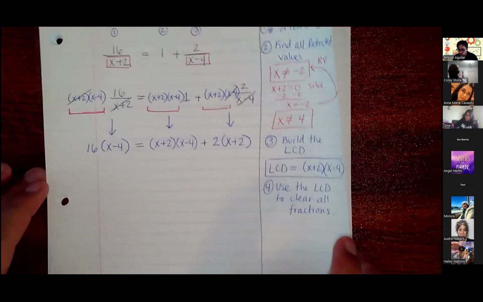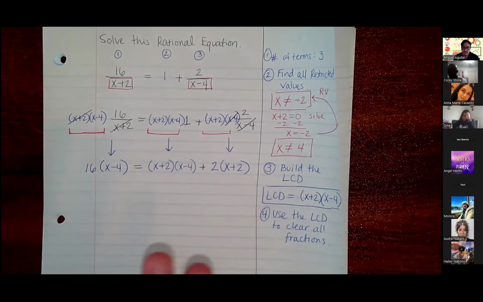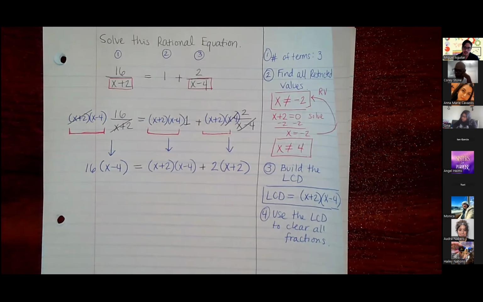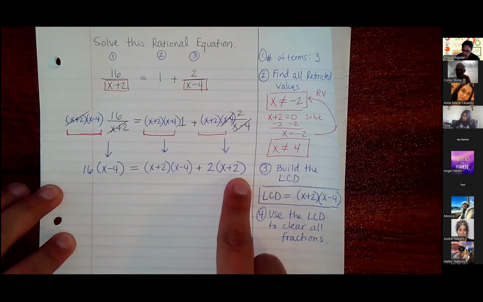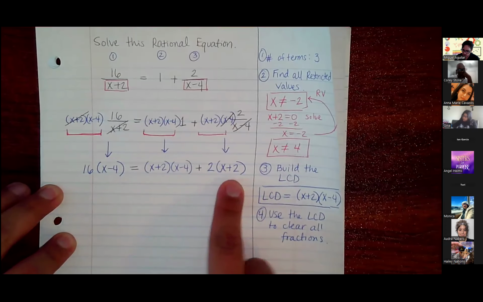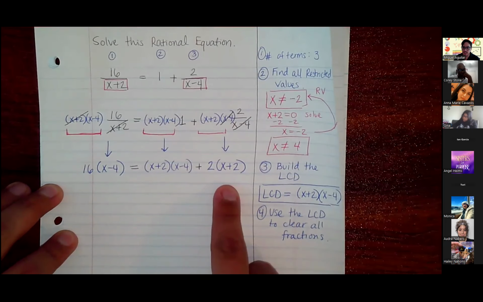Okay, so in reality, if we take a step back, we take a breather right now, notice that the only new or scary thing that's going on here is trying to figure out what is the LCD and then canceling common factors. Because if we can do that correctly, then we end up with this new equation that, yes, there's a lot of things to clean up because we have a bunch of parentheses, but we don't have any fractions.